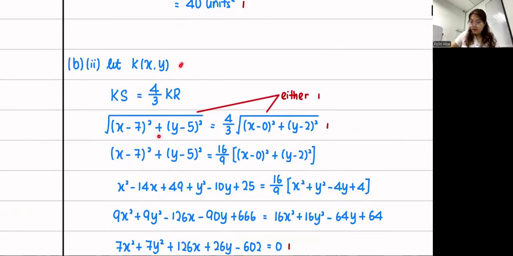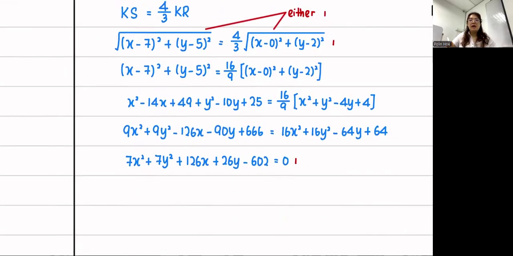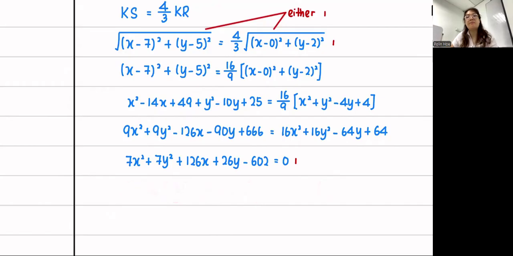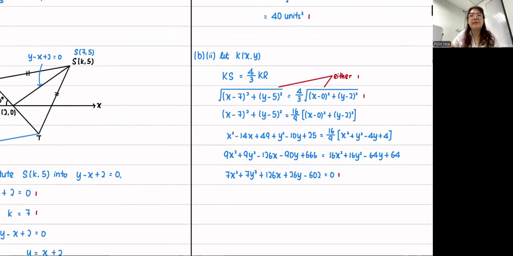After that, you write it out. When you solve, remember when you square, you have to square the 4/3. Next, do your basic algebra, and arrange your answer in the pattern ax squared plus by squared plus cx plus dy plus e equals 0. And you are done.